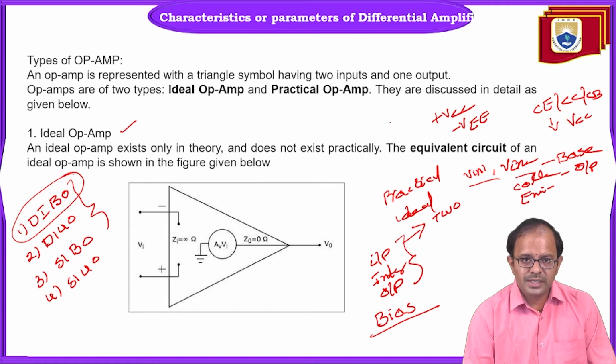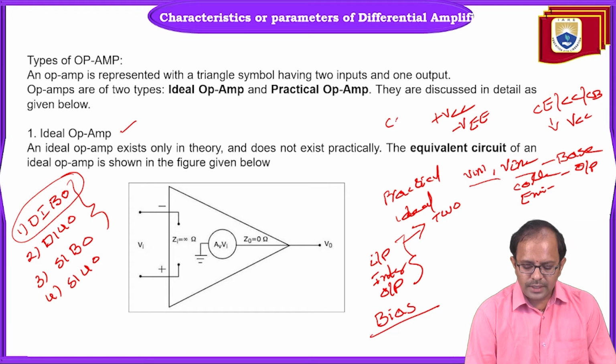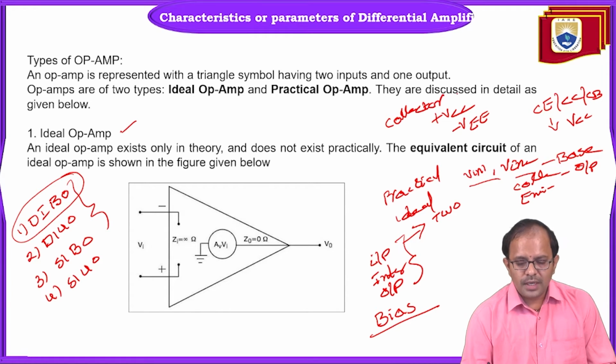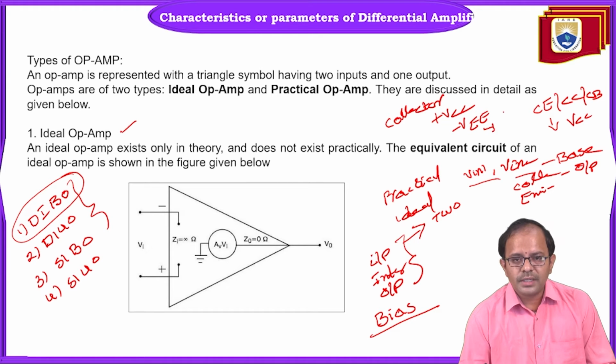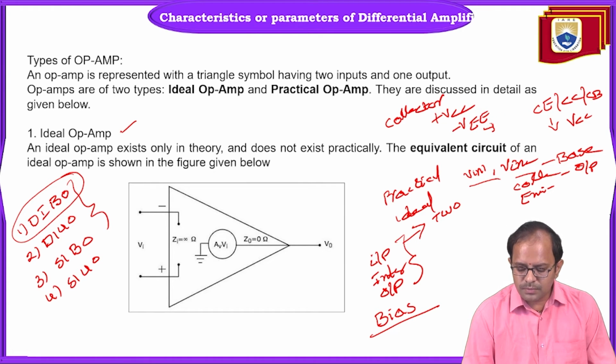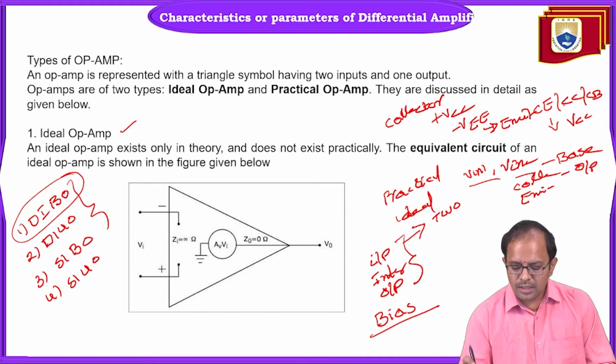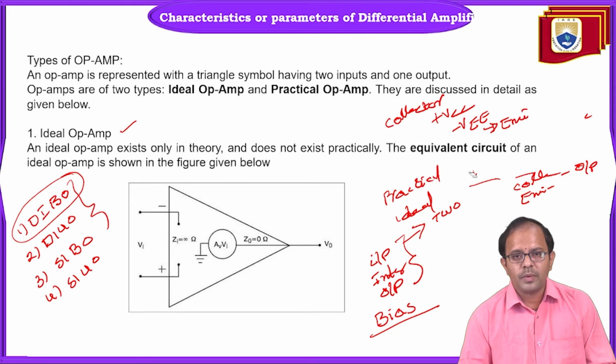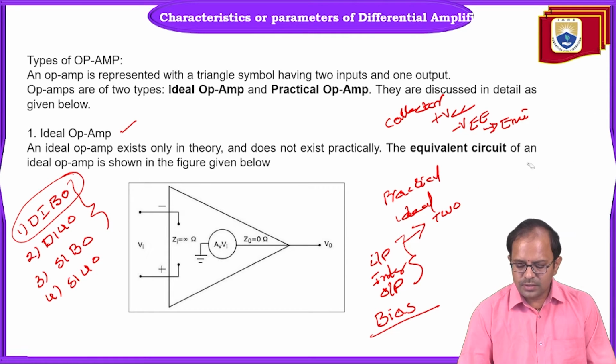So plus VCC is provided to the collector terminals of the transistors, and minus VEE is provided to the coupled emitter terminals of the transistors, right? So minus VEE is the negative bias which is provided to the coupled emitter terminals of the transistors. So this is what we have seen in the last class.